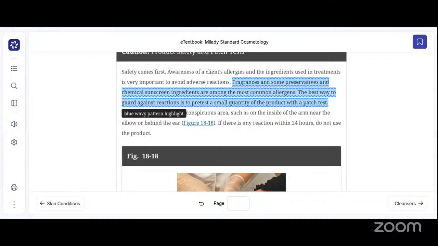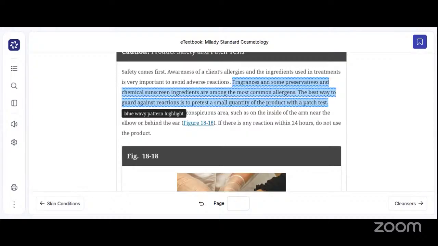So please make sure that you're not making a haste choice on products because you like the way it smells. Fragrances and some preservatives and chemical sunscreen ingredients are among the most common allergens. So when you're doing analysis, you are talking about what they're allergic to.